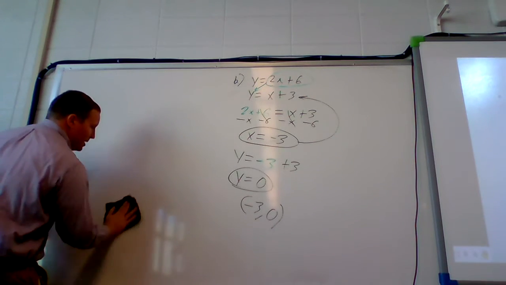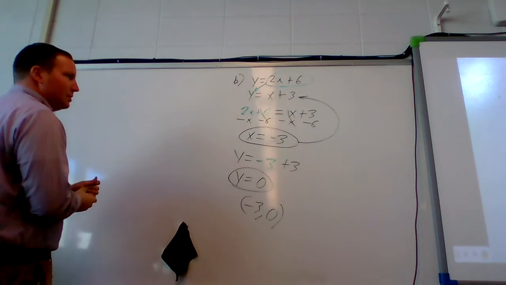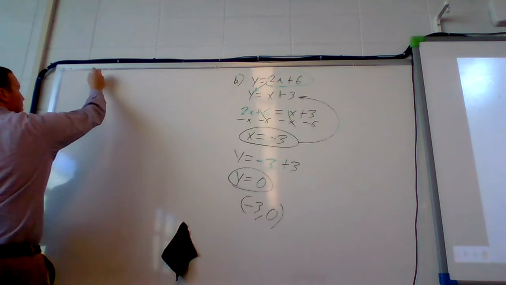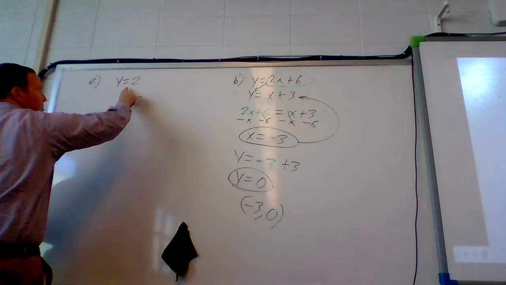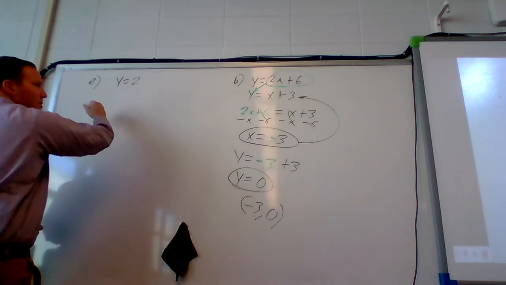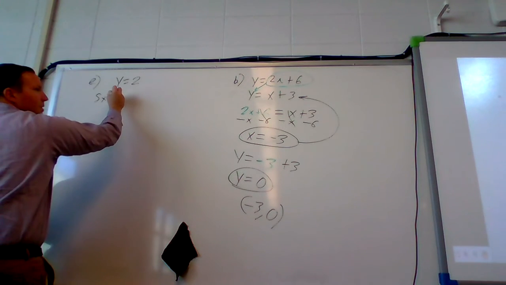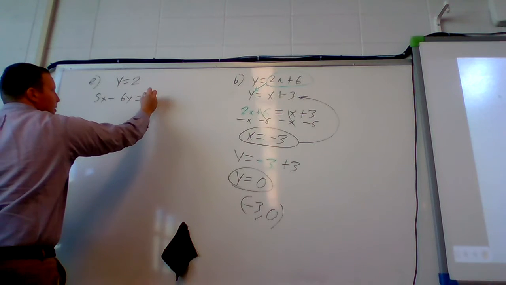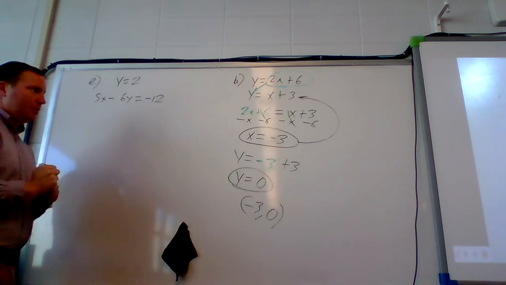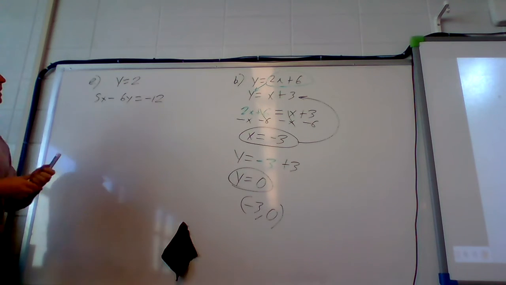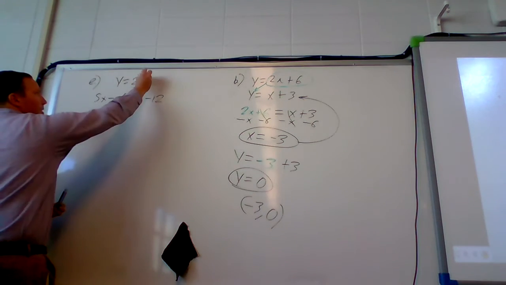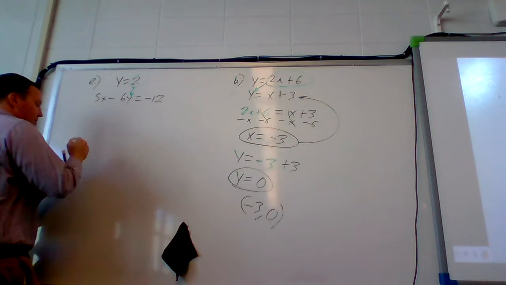On E, they're saying we have two equations, one of which is just y equals 2. So we know y is equal to 2. We got 5x minus 6y is equal to negative 12. Because we already know what y is equal to, we can plug that directly in for this y.